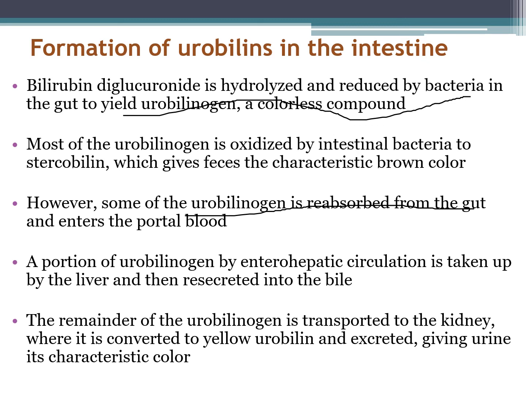Or third, it may get reabsorbed into the blood and transported to the kidney, where it is converted to yellow urobilin and excreted, giving urine its characteristic color.